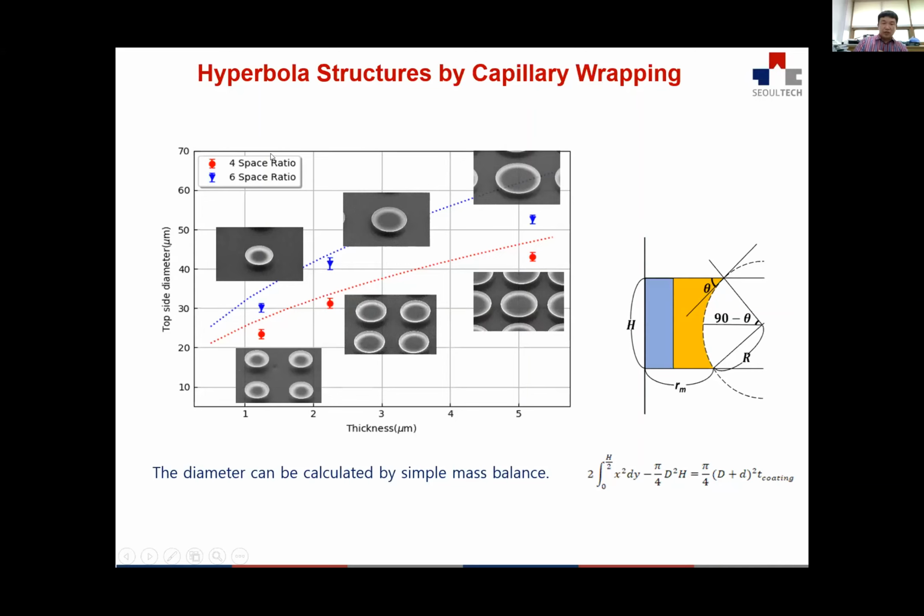So as you can see, the diameter increases with increasing the initial thickness, and when the space ratio is higher, the diameter increases as well.